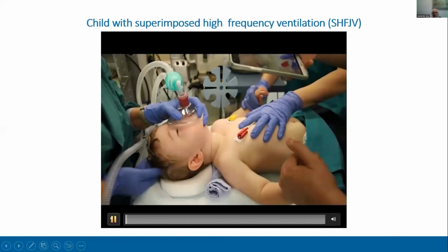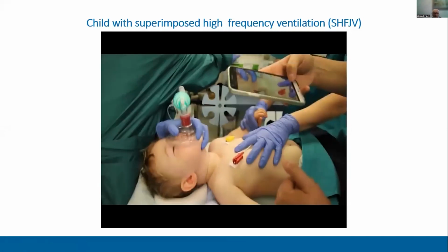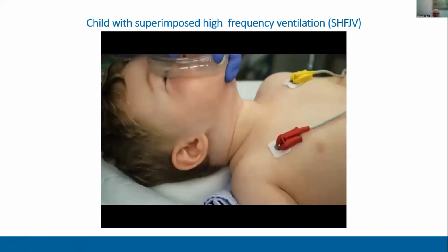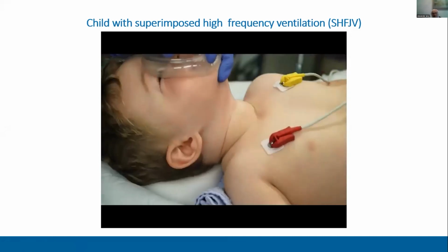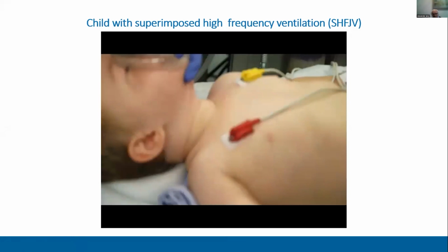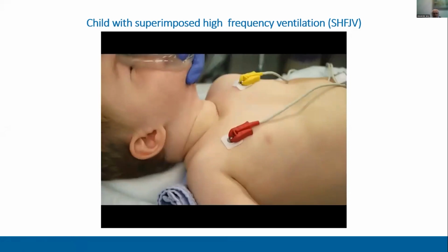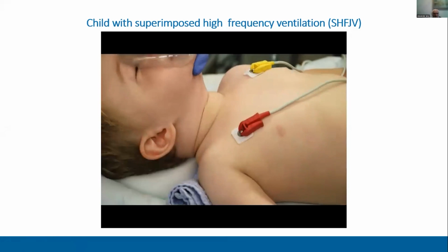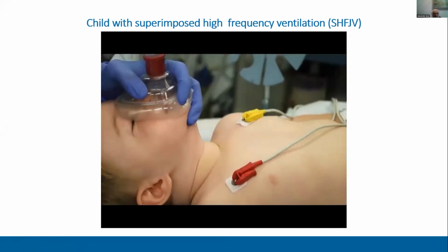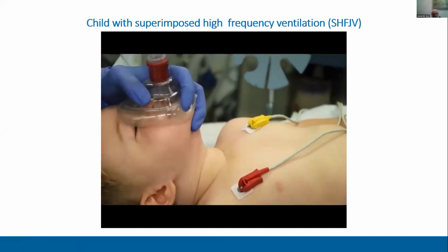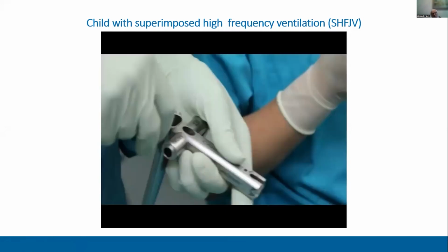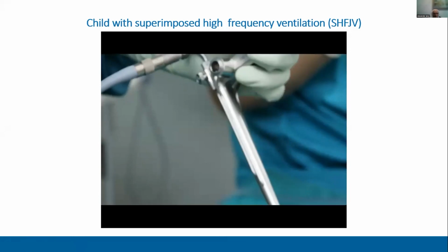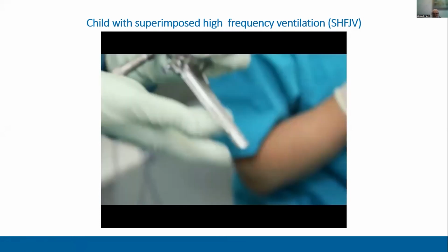This was a child with superimposed high-frequency jet ventilation. This is the beginning of the anesthesia with ventilation with the mask. So, pre-oxygenation, and then the surgeon must introduce this jet laryngoscope.